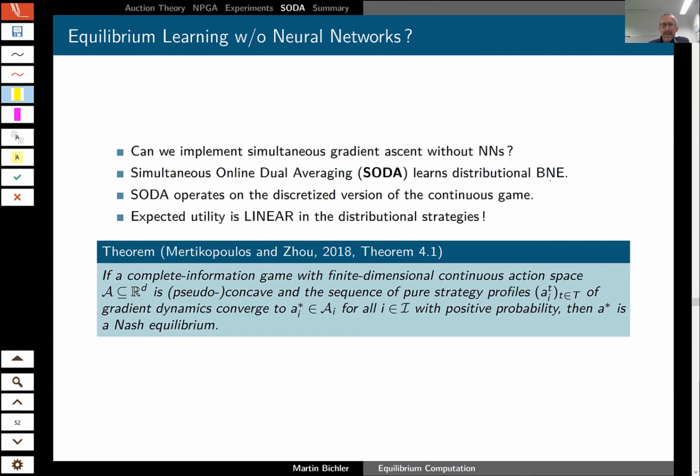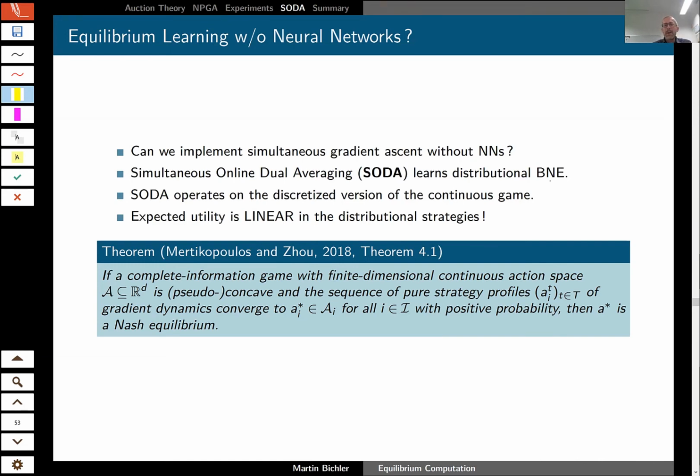Well, there is a theorem from a few years ago in a paper in Math Programming by Mertikopoulos and Zhou, and they analyzed gradient dynamics for finite dimensional continuous action space, complete information games. And they showed that if such games are pseudo-concave, and if the sequence of pure strategy profiles of gradient dynamics converges to a particular A star, say, then it is a Nash equilibrium.